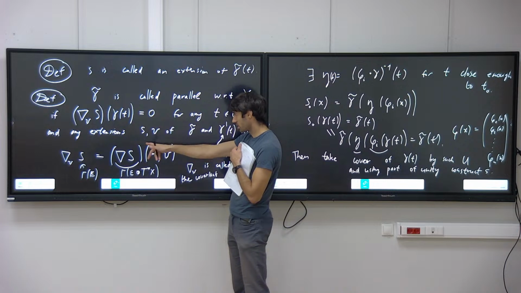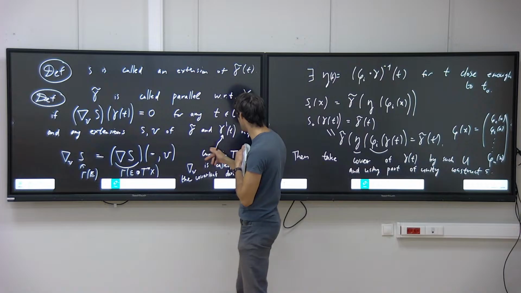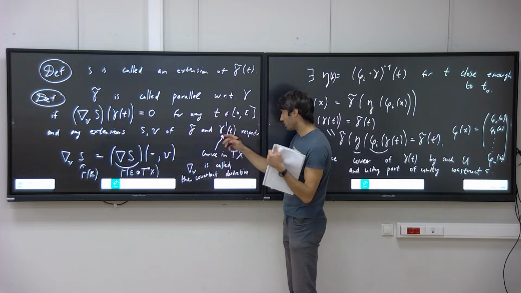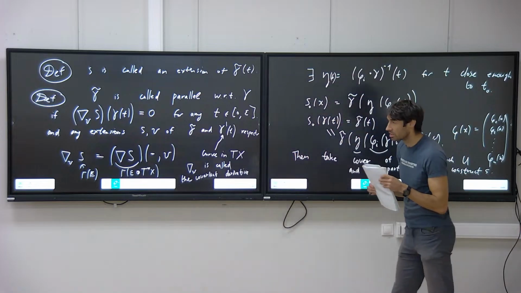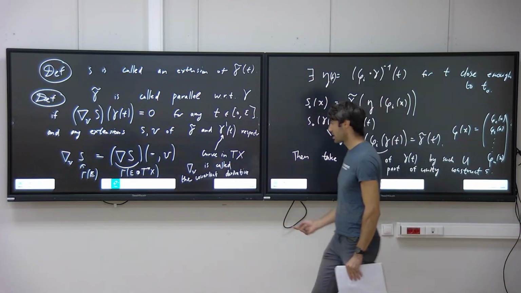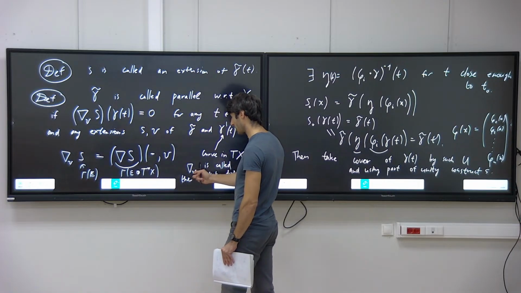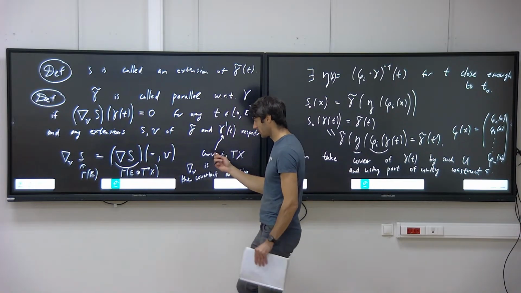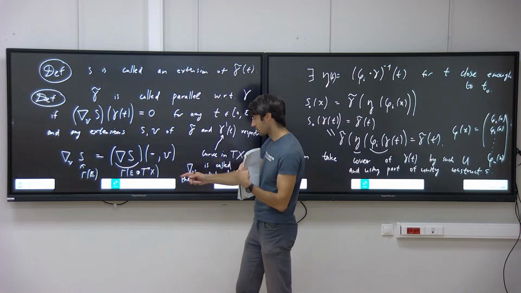One for just a vector bundle E, another one for the more specific vector bundle Tx. And so we have a curve in Tx. We have an extension of this to a section which is a vector field. And so V is really a vector field, and at each point I can evaluate a covector field and a vector field. So that's what's going on here.